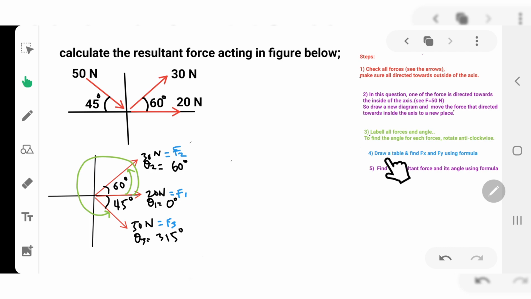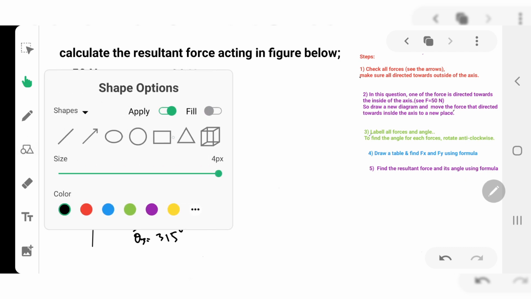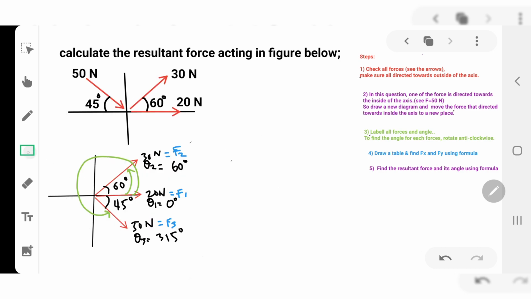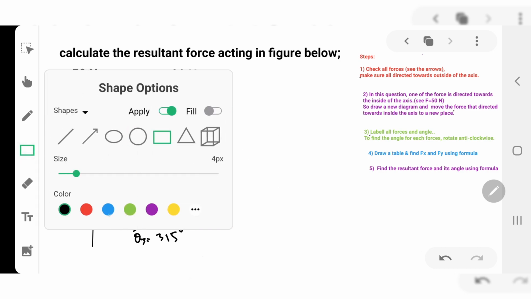Okay, the next step is to draw a table and find the resolution of forces for Fx and Fy using the formula.